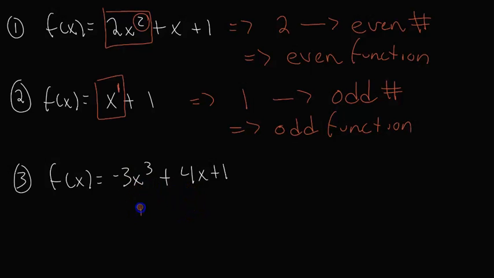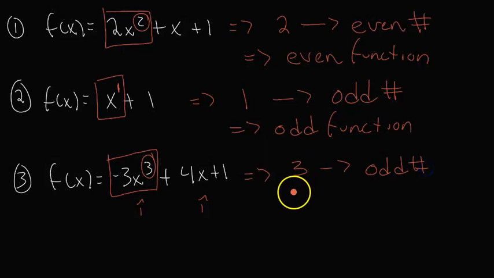In this case, we have two x terms, this x cubed and this x, but we know that this x cubed has the greatest power. So again, we're going to circle the greatest power. What this tells us is that the greatest power is 3. 3 is an odd number. And thus, this shows us that this is an odd function.